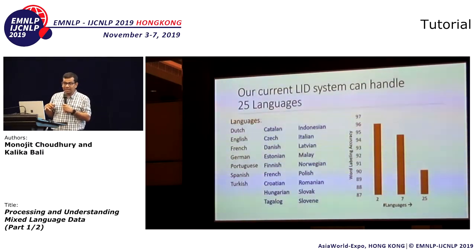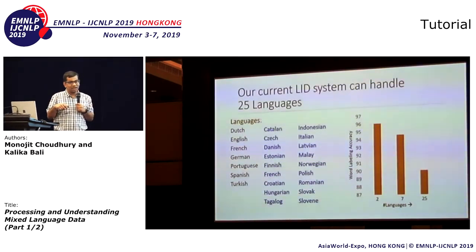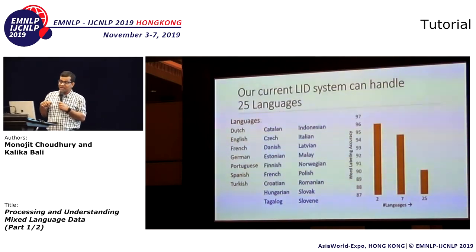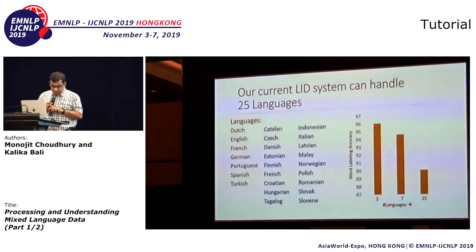But in the end, it's good to use something unsupervised, so that you can extend the language coverage a lot. So that's how code switching techniques are applied for language identification.